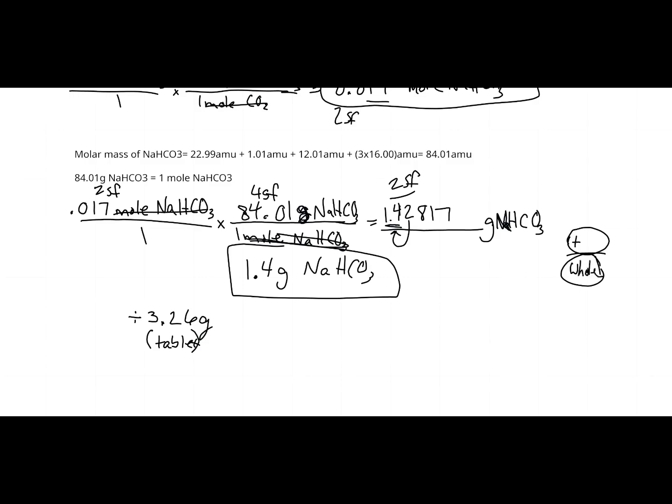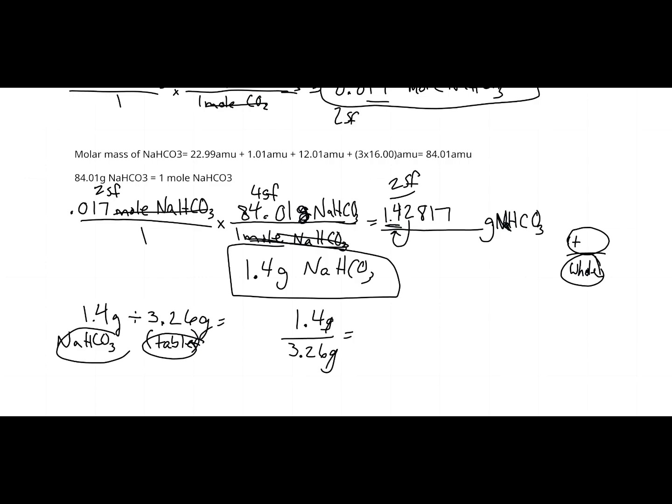In this case, we've got 1.4 grams of sodium bicarbonate out of the entire tablet, so 1.4 grams out of the 3.26. Another way of seeing this, so that maybe you're more familiar with it, is writing it vertically. I do not mind whichever way you do it, horizontally or vertically. It does not matter to me. But what we end up with is a final number right here.